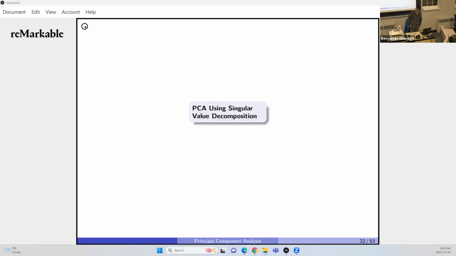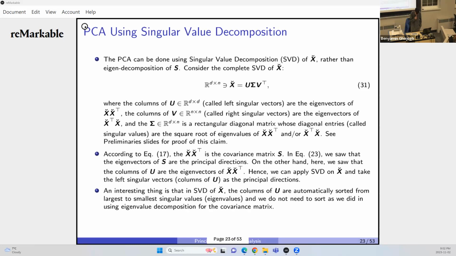Okay. So we can have PCA using singular value decomposition, SVD, rather than EVD, eigenvalue decomposition. What do I mean? Consider X breve, the centered data, which is D by N. Consider the singular value decomposition on X breve itself, not the covariance matrix.